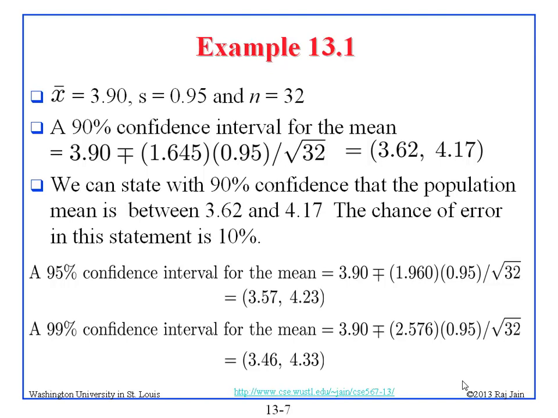And suppose you want a 95% confidence interval, not 90%. Right? So then you have to read the table. Can you read the table now and find out what number to use? For 95%, what are we reading first of all? 0.975.